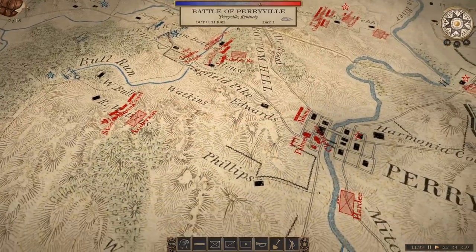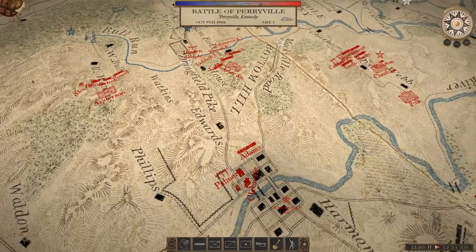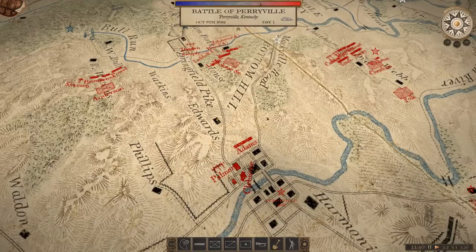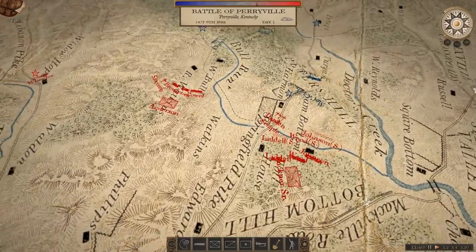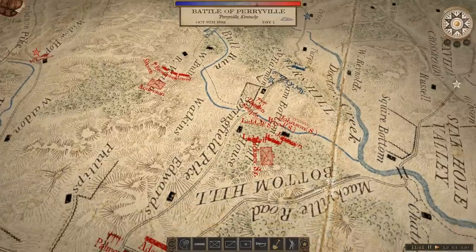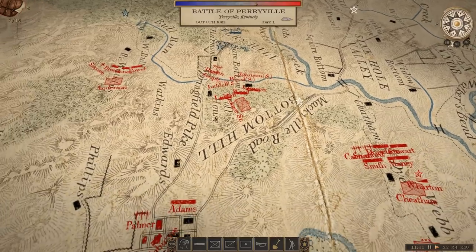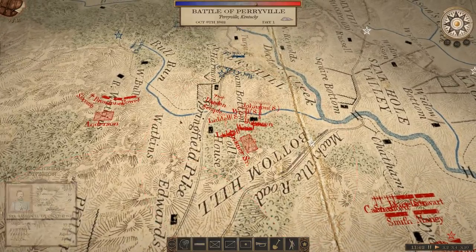And like we can see in the middle we have a hole in our line, so it could be a good idea to start pushing the reserve up to plug this hole. But currently, because we have the natural obstacle there in between the two divisions, I see this not as a big problem, so let's simply see how the situation plays out.